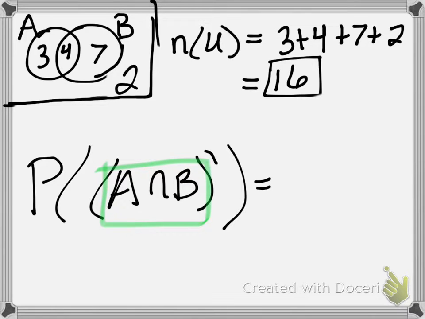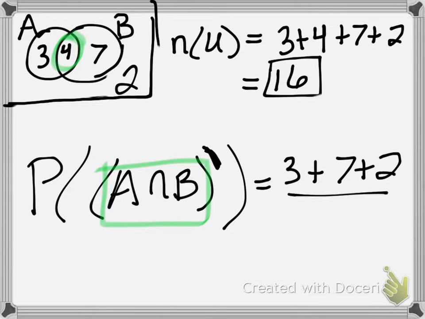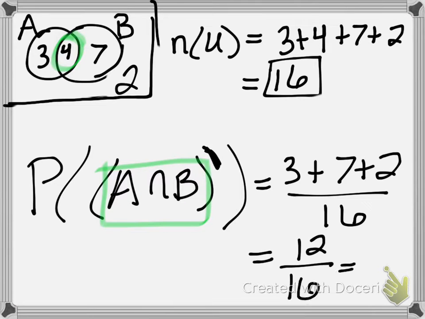And we've already talked about this question, and that'll be the 4 here in the intersection. And since we're negating that, that means it's everything else. This not means the opposite. So this will be the 3, the 7, and the 2. Don't forget about that. So that's 12 out of 16, which is 3/4, or 0.75, or 75%.